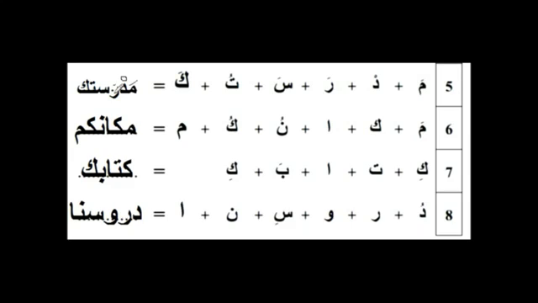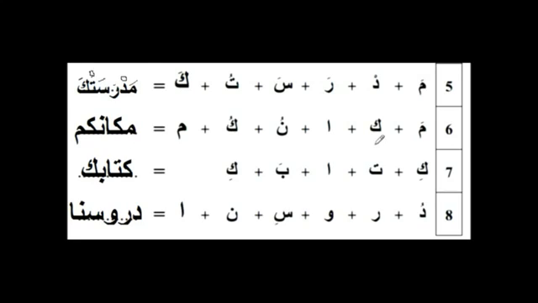And then the ra followed by the fatha, not connecting to the sin. The sin with the fatha and the ta with the dhamma on top, which makes the sound oo. So madrasatuka, and the kaf with the fatha on top. Madrasatuka.